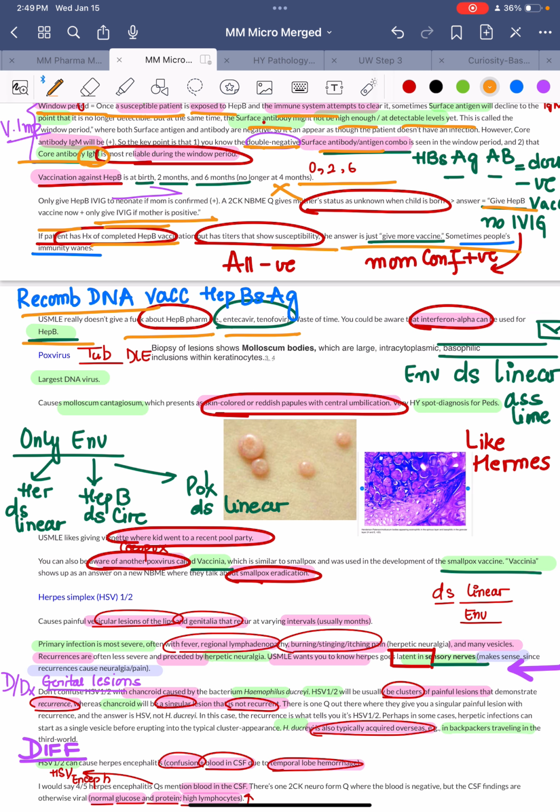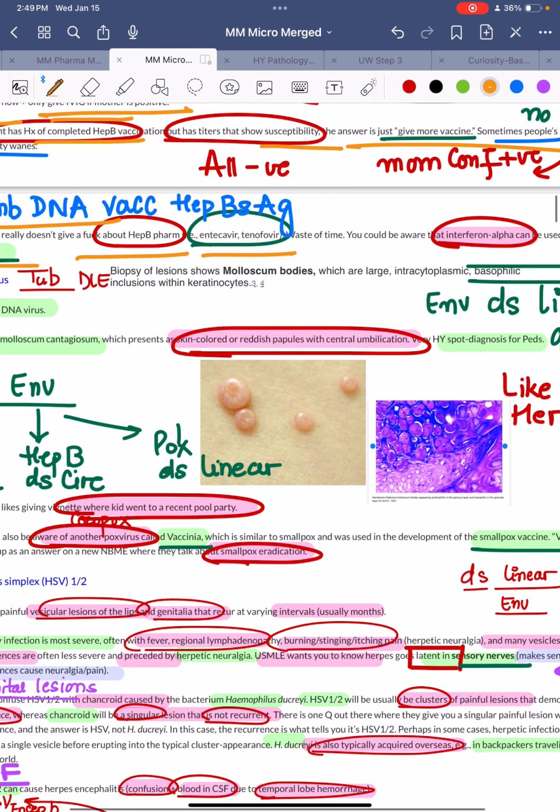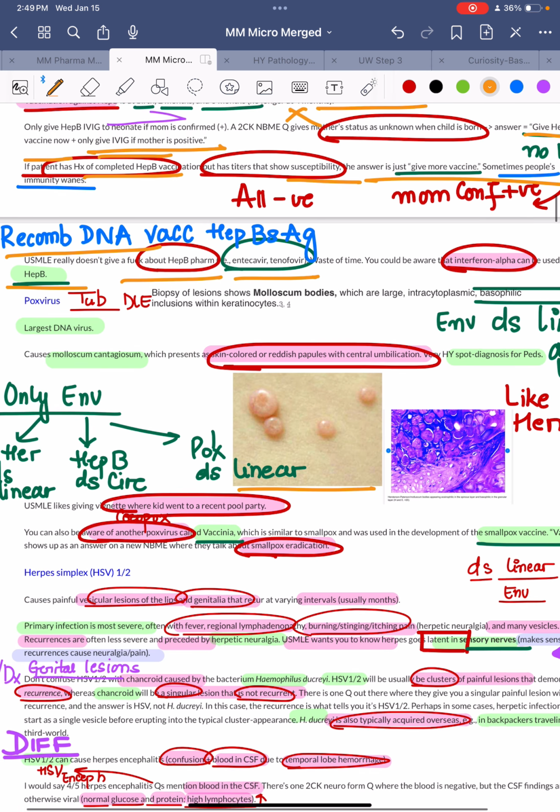Okay, next on, a question can show you this picture in which a child has developed skin-colored or reddish papules with a central umbilication, and they can ask you for the virus. So the virus can be a pox virus, and they can also ask you what is the type of virus. It's a DNA virus, and they can ask you for the viral characteristics, and you know them.